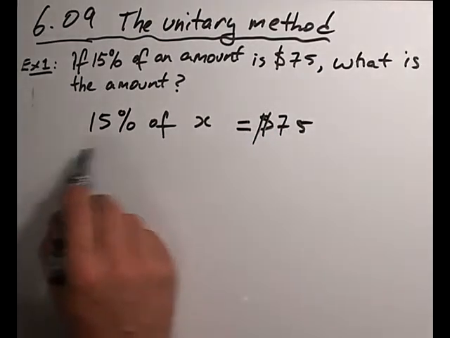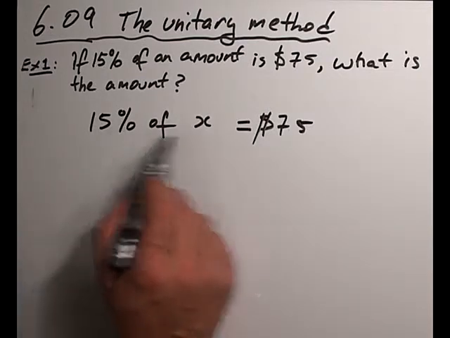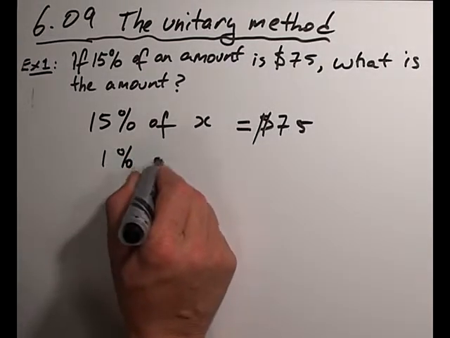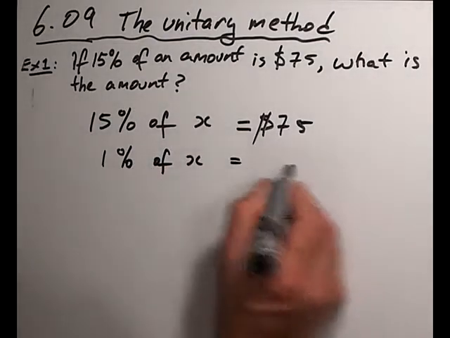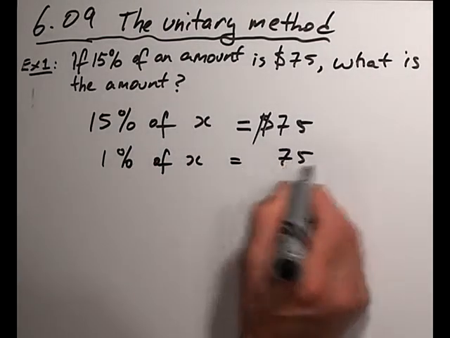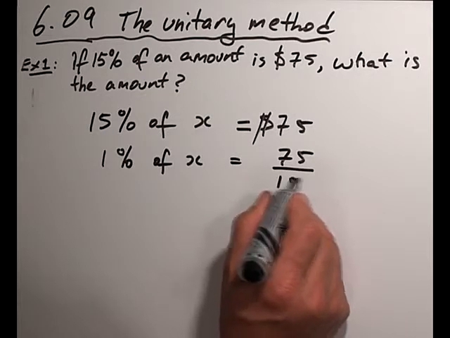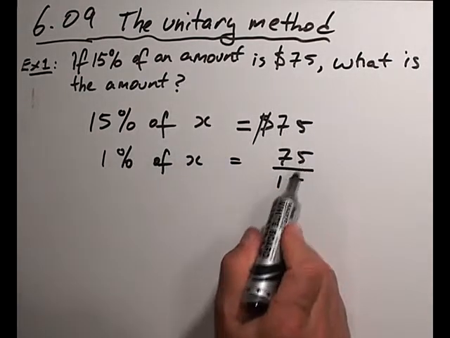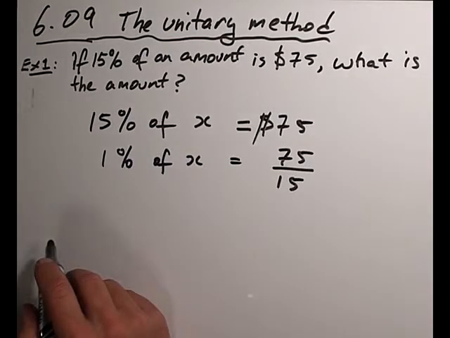Okay, the first thing I do, I work out what is 1% of that amount. So I can say 1% of X is going to be $75 divided by 15. If 15% is 75, 1% is going to be 75 divided by 15.